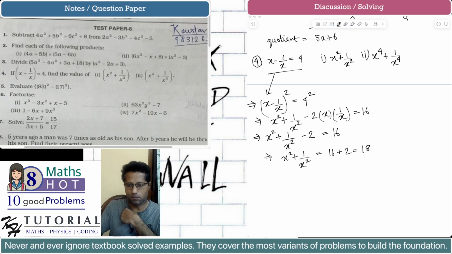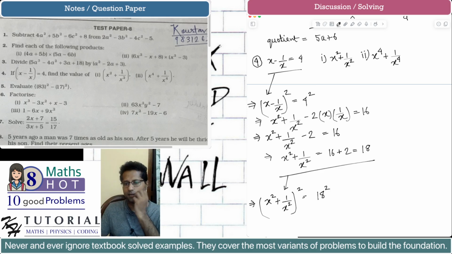So from this equation, if you square both sides, we get x square plus 1 by x square whole square is equal to 18 square.